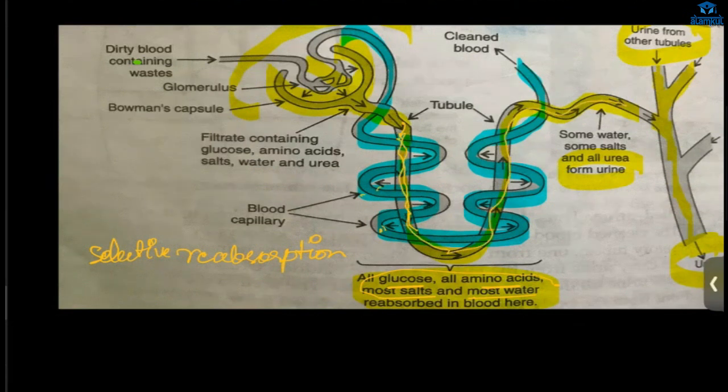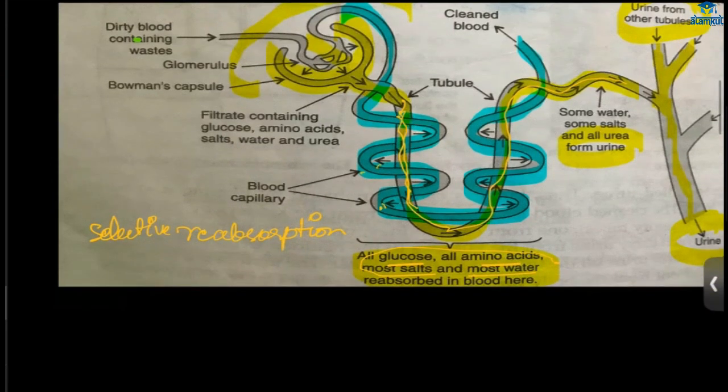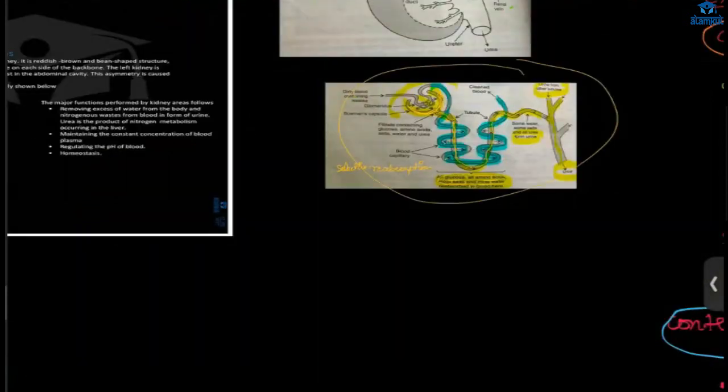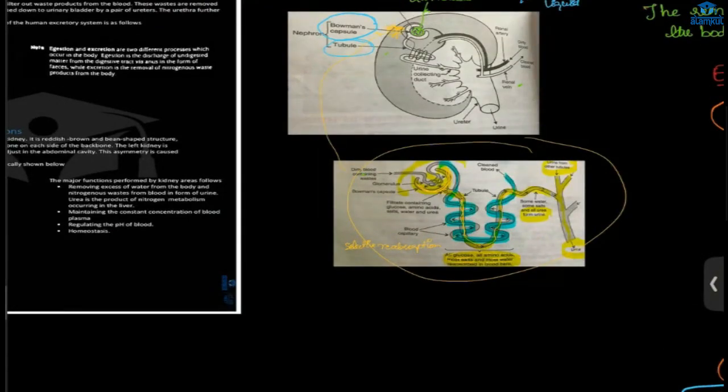Dirty blood containing waste like urea enters the glomerulus, and the glomerulus filters this blood. During filtration, substances like glucose, amino acids, salt, water and urea pass into the Bowman's capsule and then enter the tubule. This is the part I have zoomed.